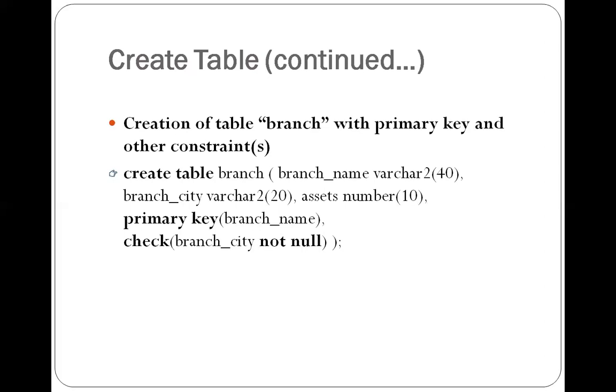So we need to also specify that branch city could not be null. Have to specify the branch city. It may possible that at the time of opening, the branch don't have the asset, but that must exist in some city.